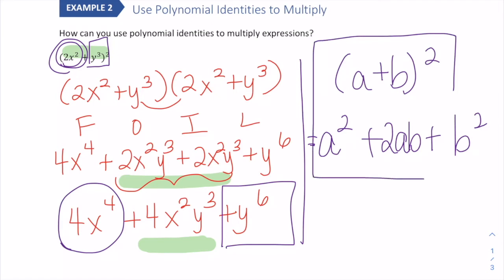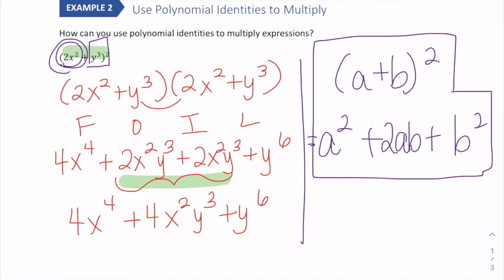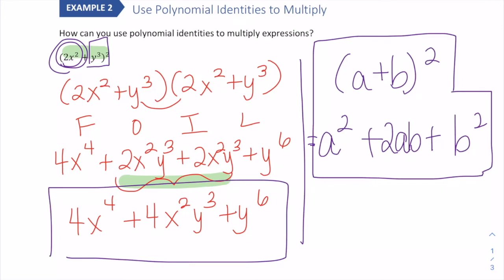And if we FOIL it, or use that identity, we can actually quickly simplify it. So we don't necessarily need to FOIL every time if we know that trick. So the first term is always a squared, the last term is always b squared, and the term in the middle is the product of a and b times 2, because we'll always have two of them.